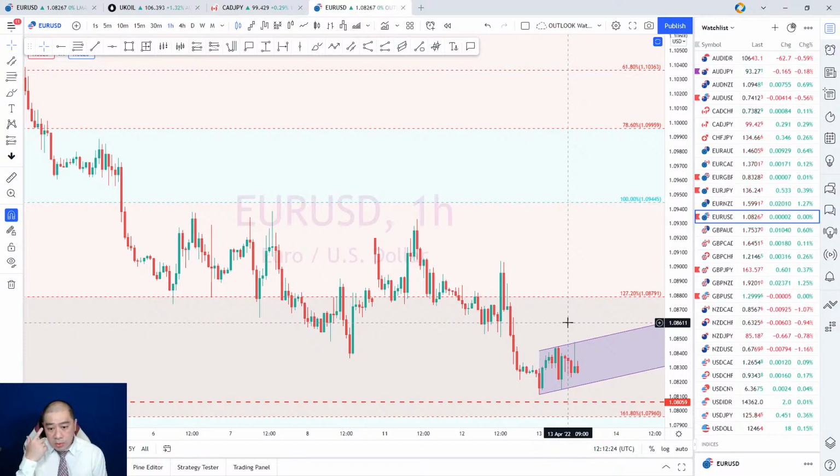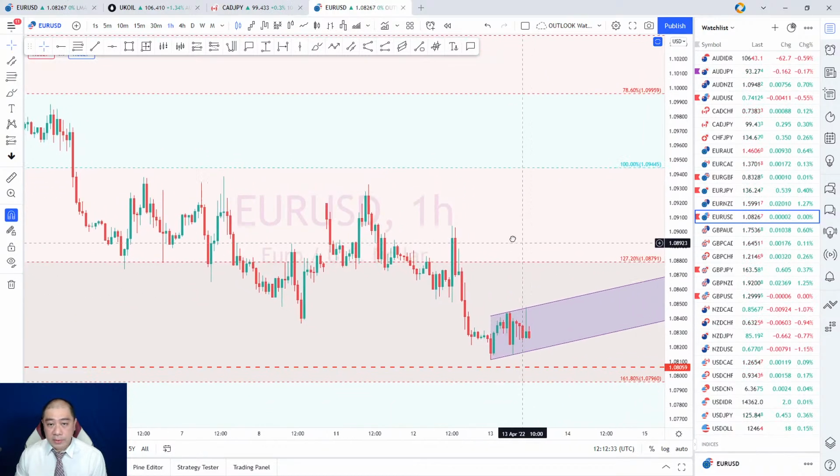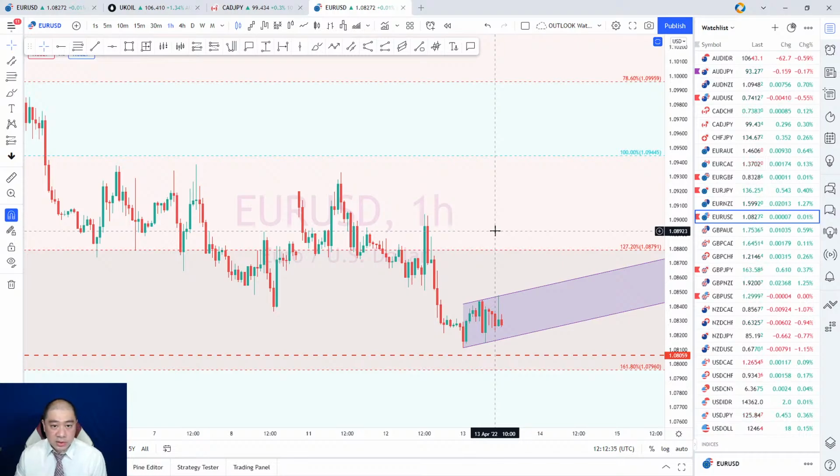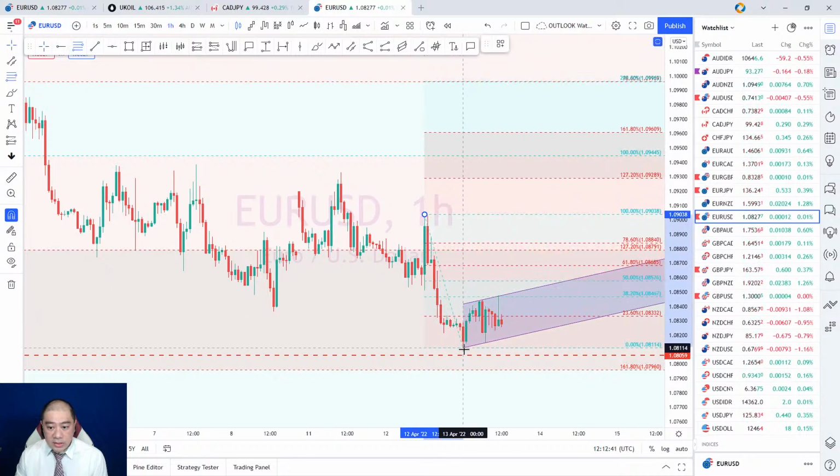If you're planning to go long Euro USD, make sure your stop loss is not too far from 1.08. In this current situation, we might be looking at a potential counter trend trade, and we are basing it on this.